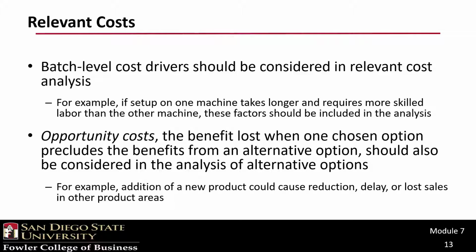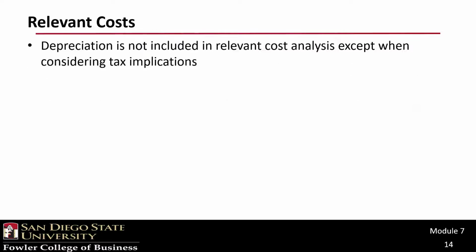For example, because Jim's flying and it takes so much less time, what if he doesn't have to take any time off from work? That's an opportunity cost that we would need to consider, or maybe Jim would do something different with his money. In any event, those are things that you generally want to consider when you're doing these analyses.